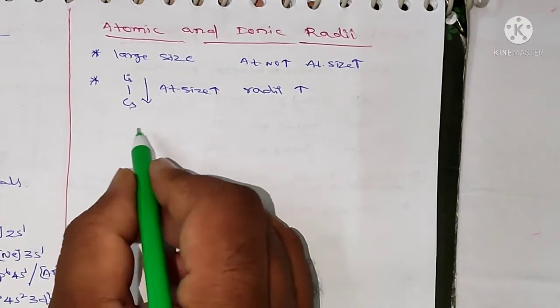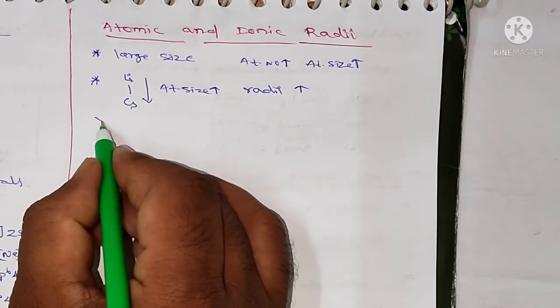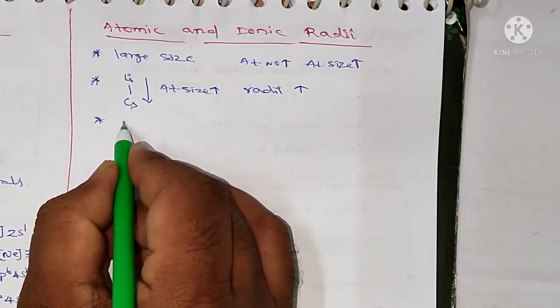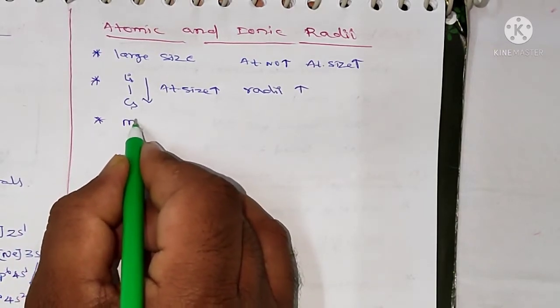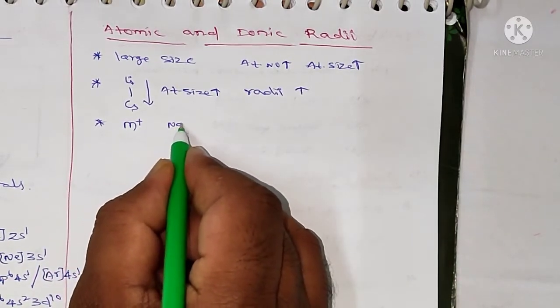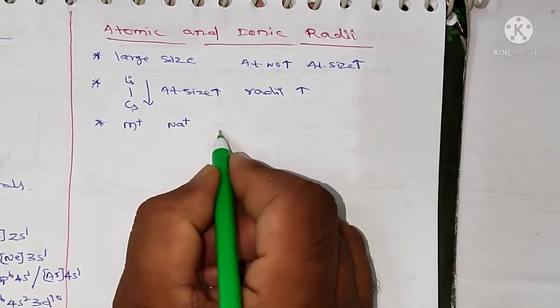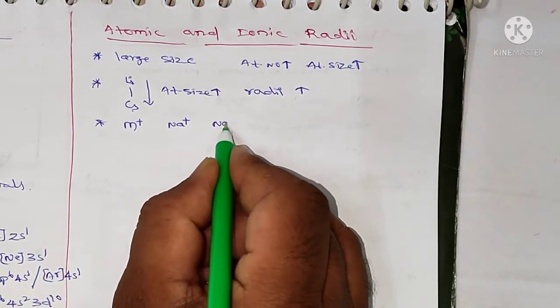The monovalent ions are smaller than the parent atoms. Here monovalent means, for example, M plus. If you take Na plus, that Na plus ion size is smaller than the parent atom. Parent means here Na.